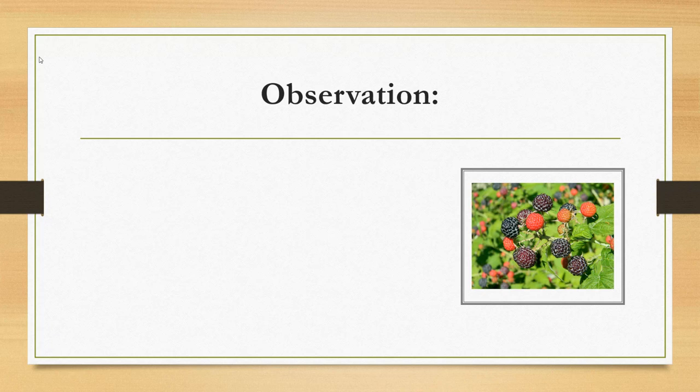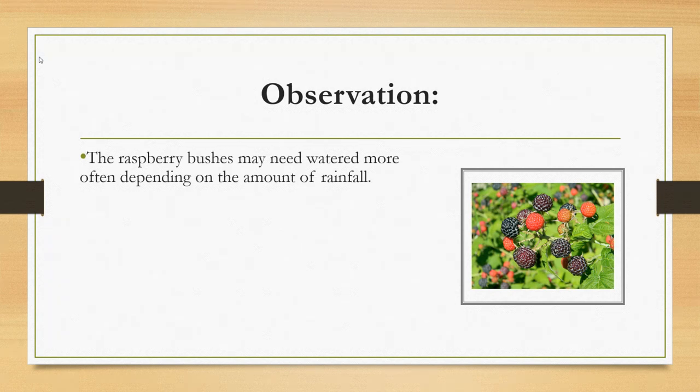So did you catch what my observation would be in that scenario? What would be my observation? Well, if you said the raspberry bushes may need watered more, depending on the amount of rainfall we get, you're correct.